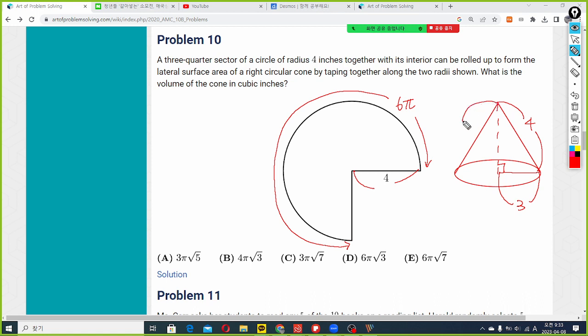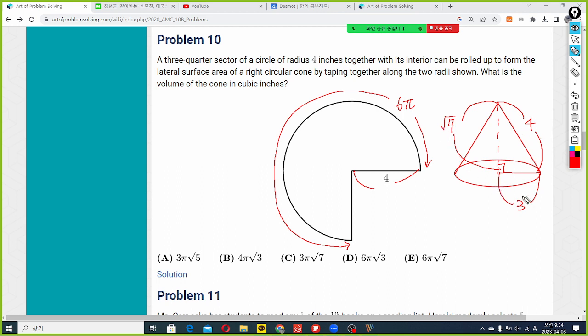So what's the altitude of this cone? When you use the Pythagorean theorem... square root of 7. 4 squared minus 3 squared is 7.